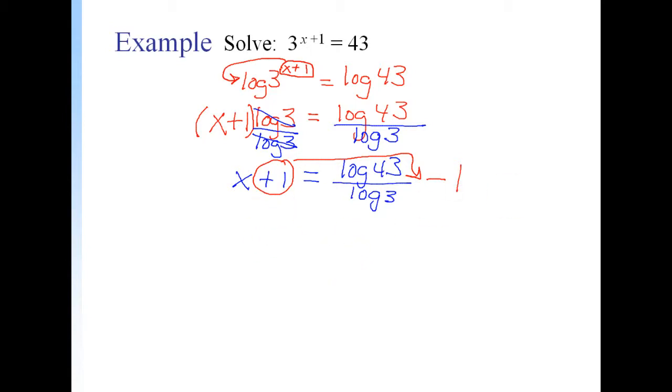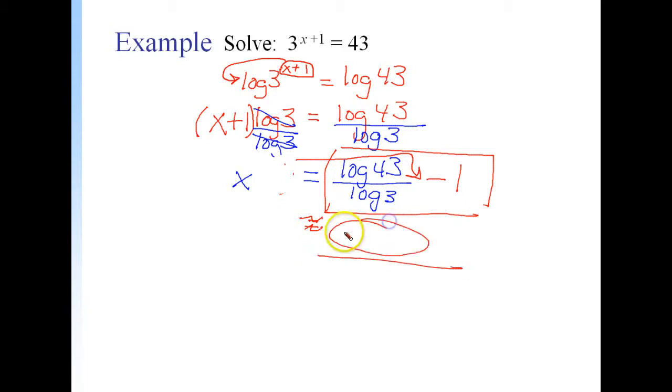So we then have x equals this. Now, to get your final answer, you put log of 43 into your calculator, divided by log of 3, get an answer, then subtract 1 from it, and that will be your approximation. Remember, this is the exact answer, and what you get out of your calculator is an approximate answer.